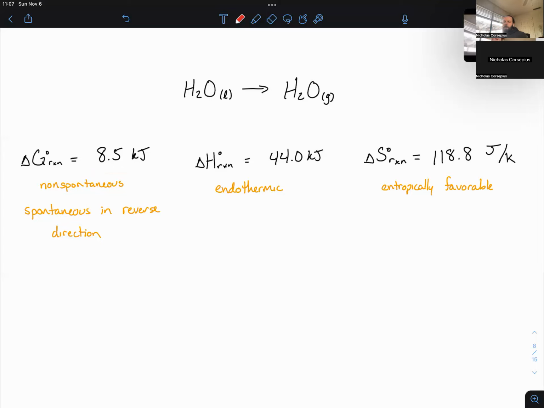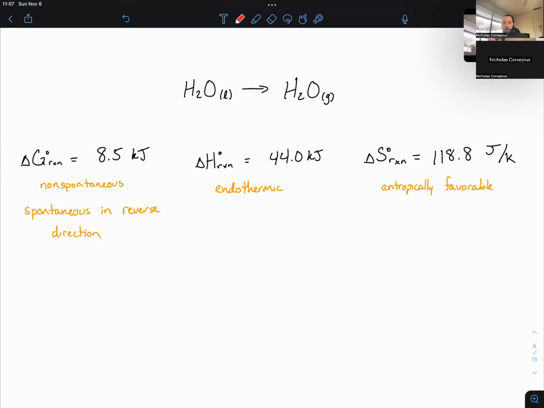But if we were to have a cup of water and we spill a little bit on the kitchen table, and you forget about it, you're going to come back the next day and that water is going to be gone. It's going to have evaporated, right? We know that this process of evaporation does occur spontaneously at room temperature. So how can it be the case that this is telling us that this reaction is non-spontaneous, but we know that, in fact, it does occur?